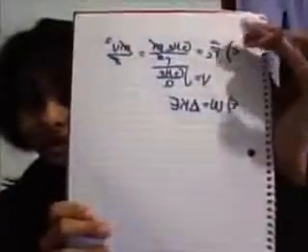Determine the work done by the rocket engine to affect this change. So in this case, work is going to be equal to the change in kinetic energy. So we know that kinetic energy is going to be equal to 1/2 m v final squared minus 1/2 m v initial squared.